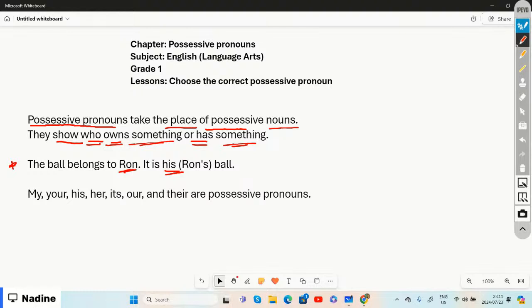All right, and we see that our possessive pronouns are words like my, your, his, her, its, our, and their. And these are possessive pronouns.